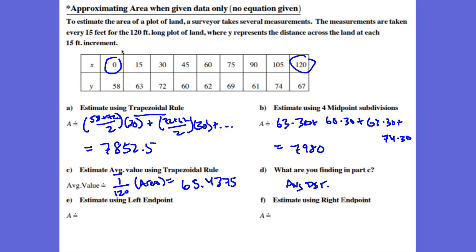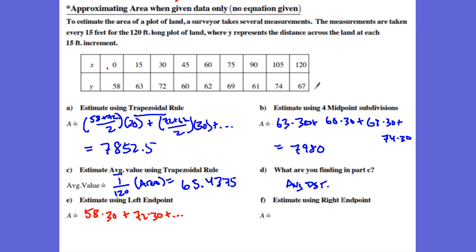If we're using left endpoints, what are we going to do? I'm going to start off with 0, and my left endpoint is 58, and I'm multiplying that by 30, right? Plus the next point is 72 times 30, plus so on and so forth.